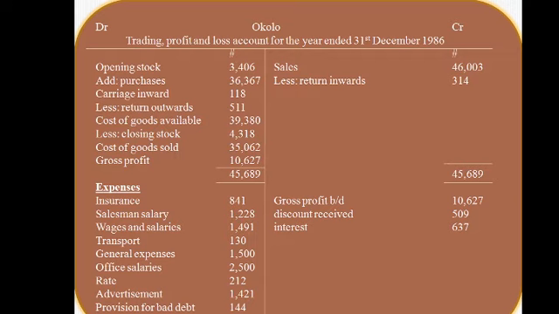Now, for us to get this gross profit, we go back to the credit side. There you see our sales. We made sales of 46,003 naira, and then the returns inwards, where some of our customers returned the goods they bought from us, 314 naira. We are going to remove it from the sales because they are no longer part of our sales, just like return outwards was no longer part of our purchases.